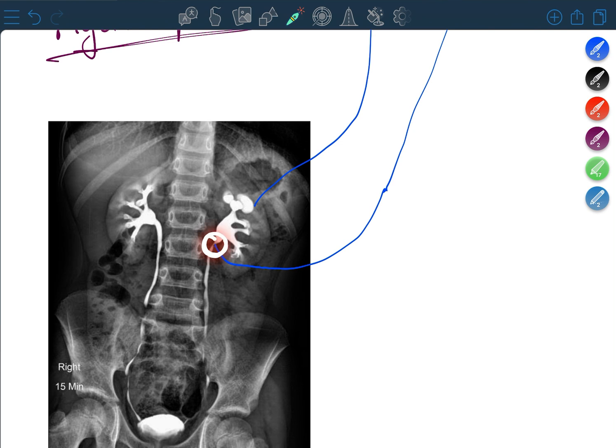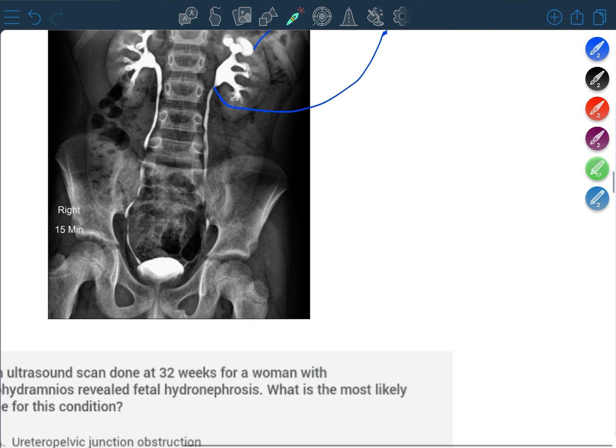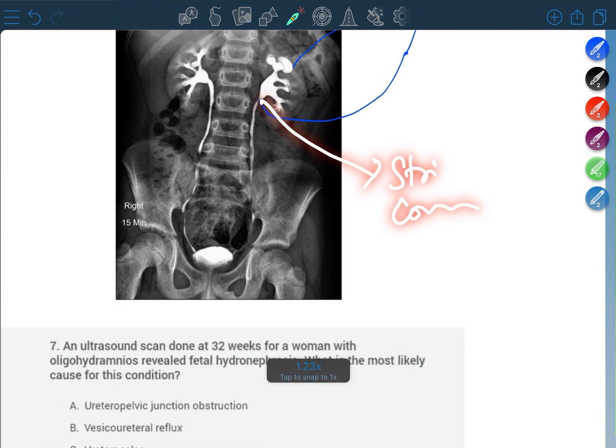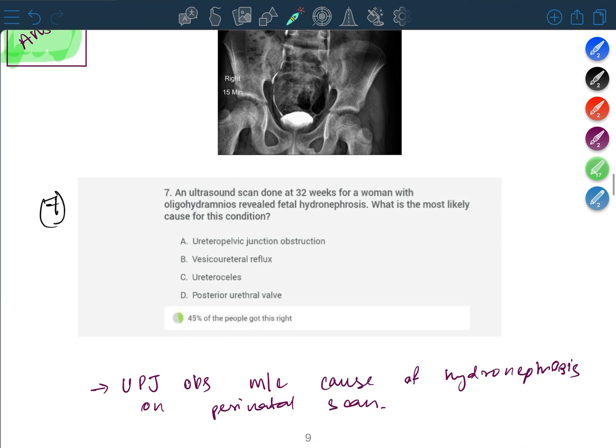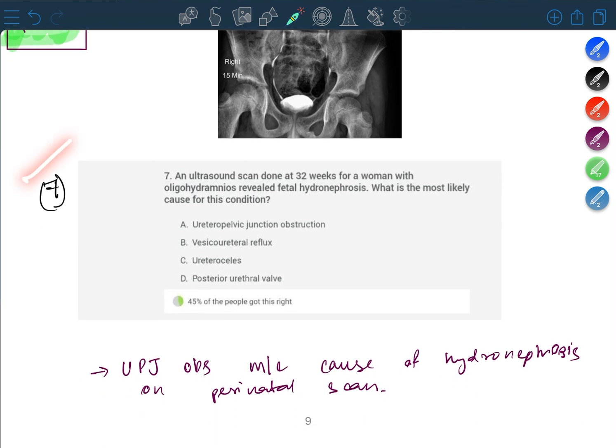See, this is a stricture and this is a clubbed calyx. This is a better picture. See, strictured, constricted. You can see this is normal, but this is so constricted. And next question.